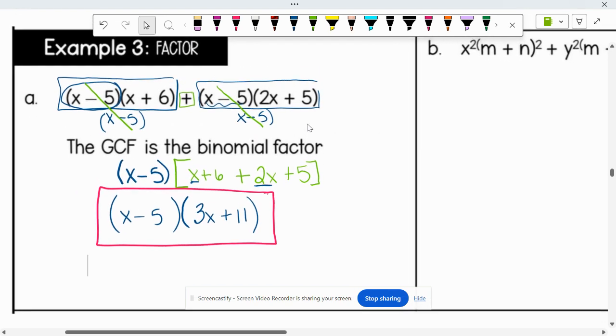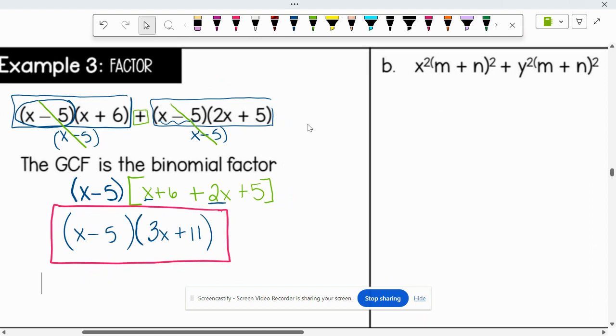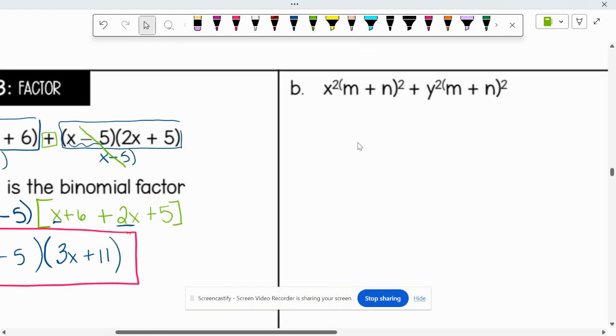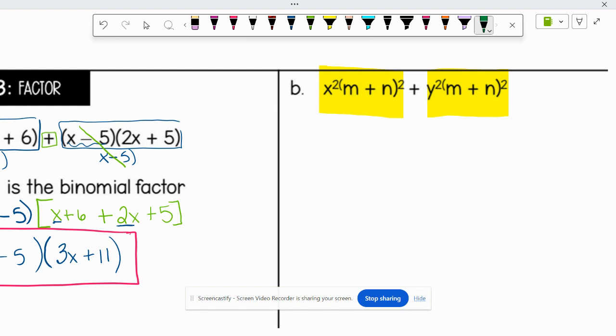So let's look at our second example, example B. Do you see anything that looks the same on both products? You're looking at the products independently. Compare this one and this one. It's not just m plus n, it's something else. They both have an m plus n, the quantity squared.